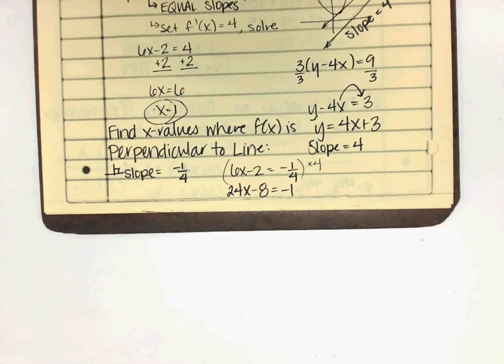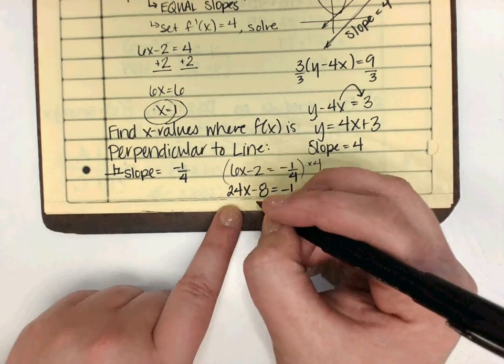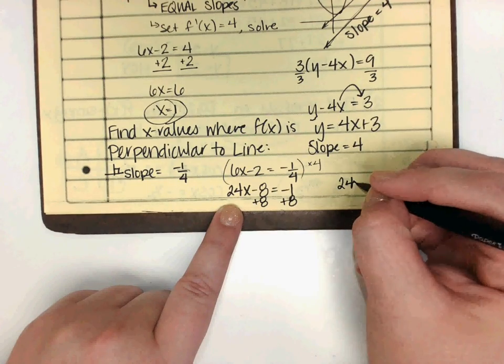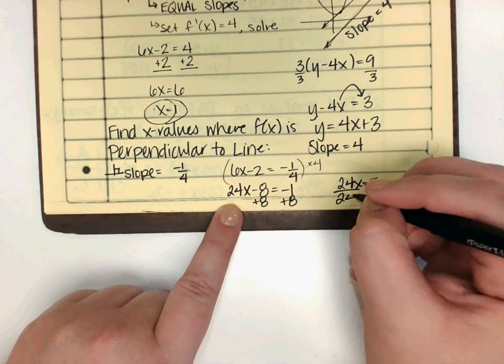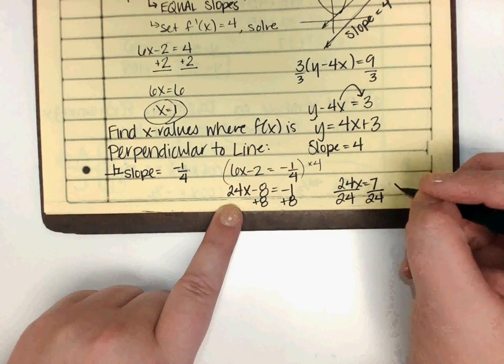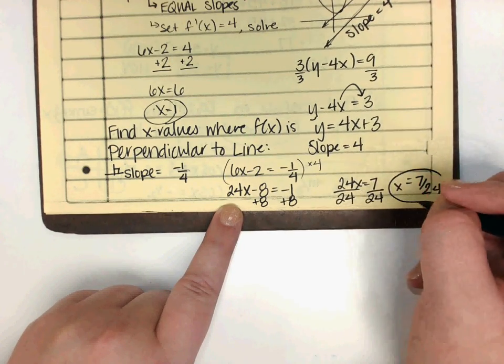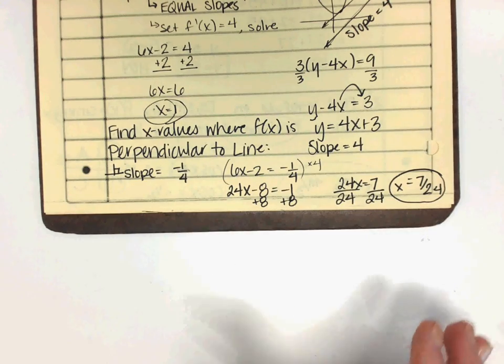Then I'm going to add my 8 across. What do I get? Okay, 7. So I have 24x equals 7. Divide by 24. x equals 7 over 24. Got it?